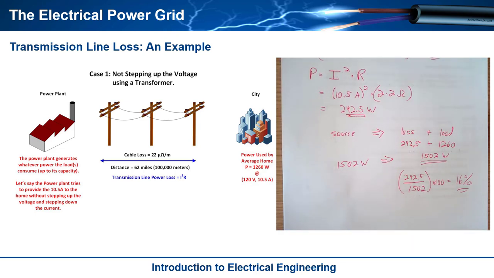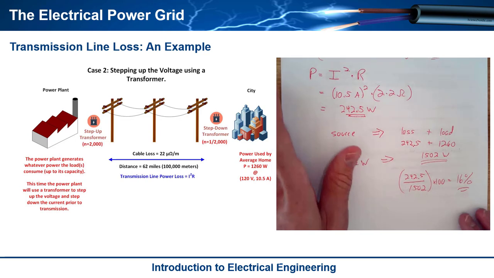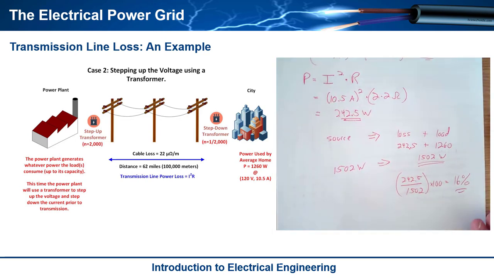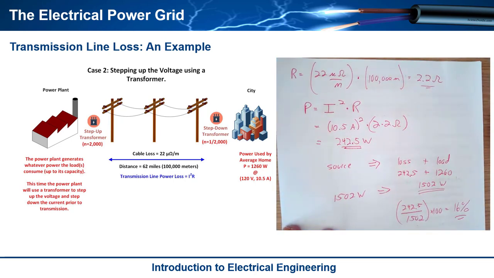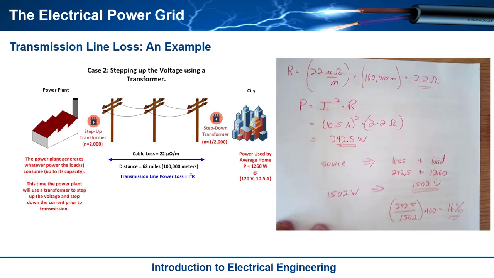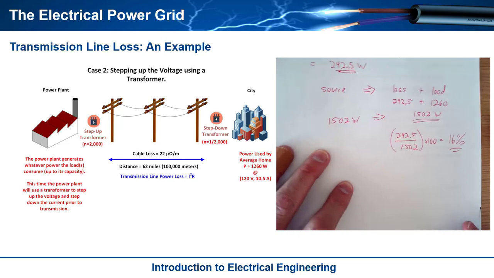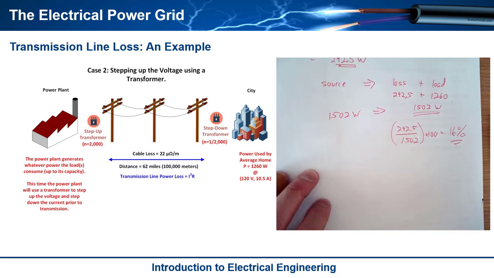Now let's look at an example where we use a transformer to step up and step down the voltages and currents. What is really most important here is stepping up or stepping down the current. We still have the same cable, so we still have 2.2 ohms, and the home still pulls 1260 watts.